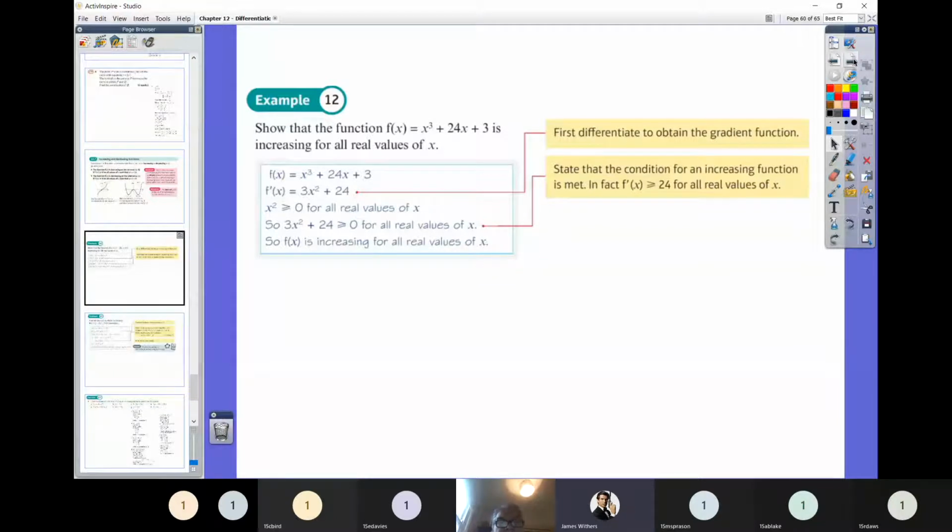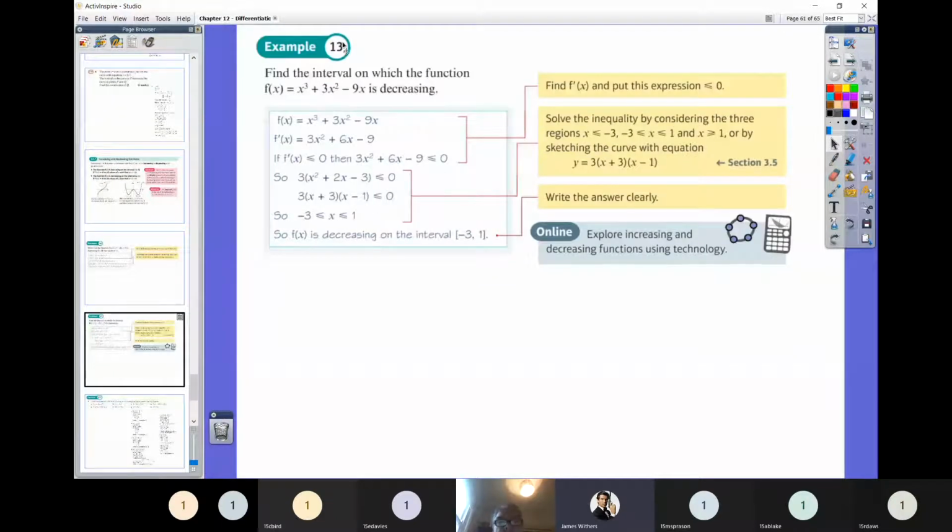So question 13. Find the interval in which the function, this cubic, is decreasing. So start off by differentiating it, and we get 3x squared plus 6x minus 9. Now it's decreasing when the gradient is less than 0. So we want this to be less than 0.